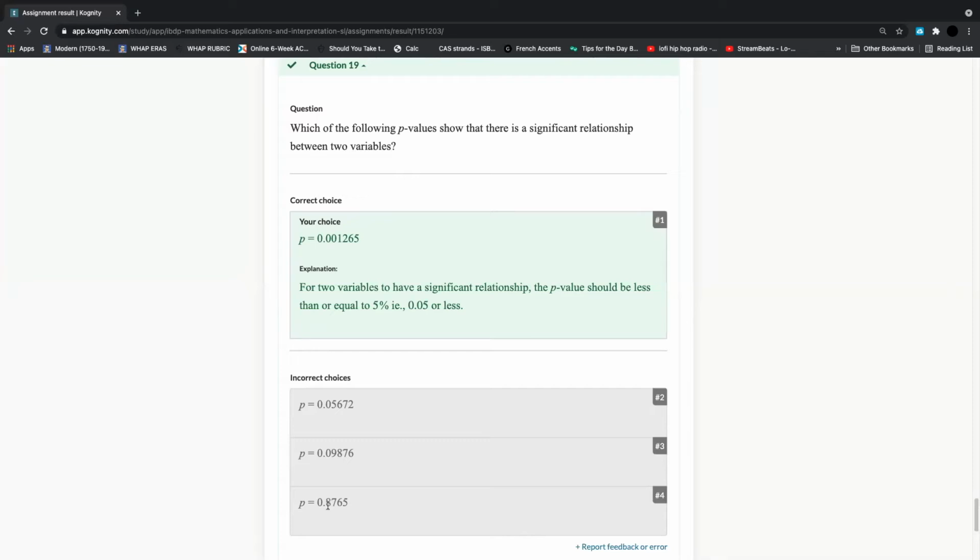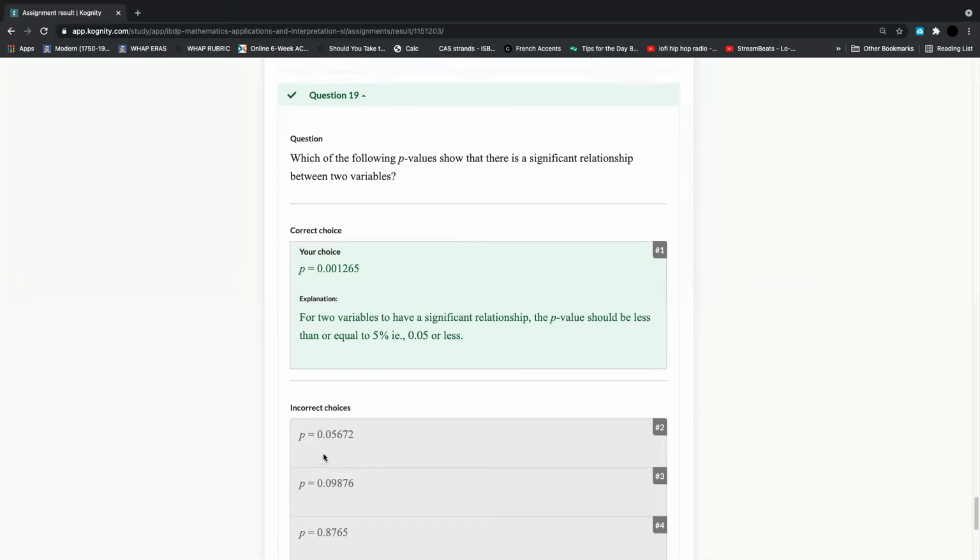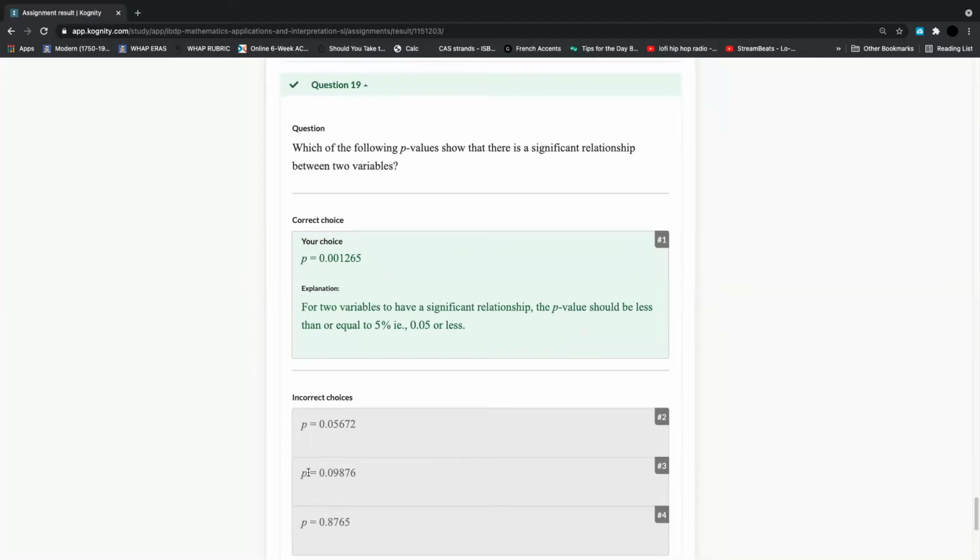Even if it's 10%, it would be 0.10. So that's still wrong. Okay, and then you have 0.09876. That's less than 10%, but we're not going to make that our answer yet. We're going to go through the other ones.